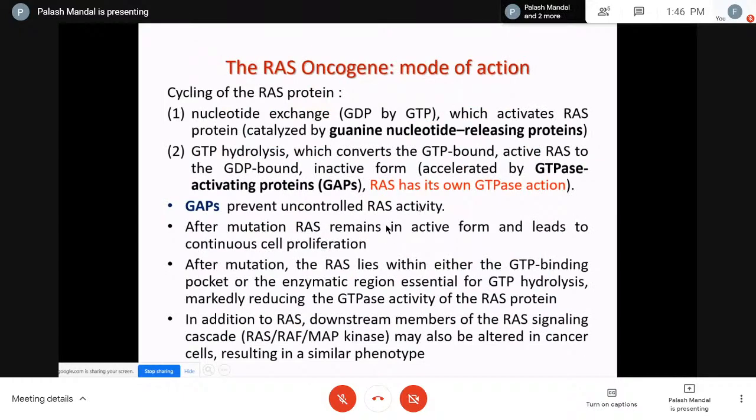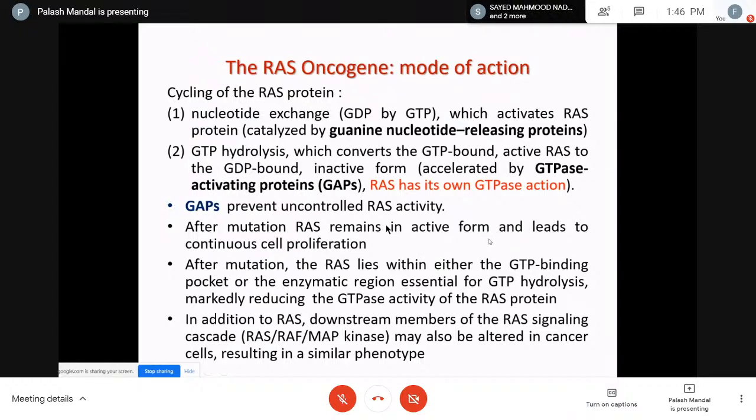This is important because everything has to be under control. This is the normal cell cycle we are talking about, not after mutation. Now after mutation what happens? The RAS remains in the active form and leads to continuous cell proliferation. That is the difference.